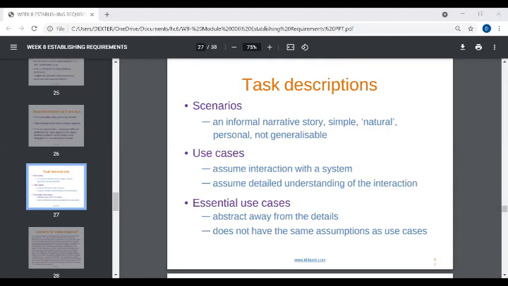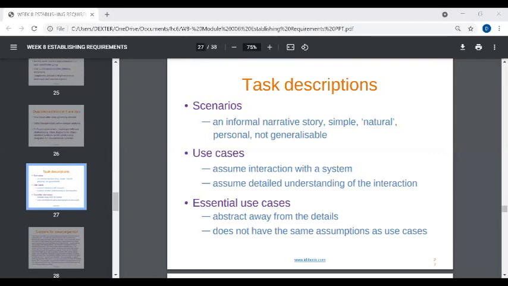They therefore can obscure broader issues concerned with the wider organization view. On the other hand, traditional use cases contain certain assumptions, including the fact that there is a piece of technology to interact with, and also assumptions about the user interface and the kind of interaction to be designed.